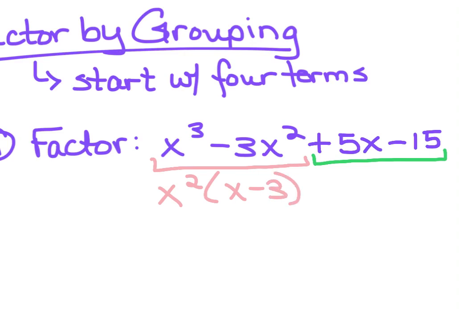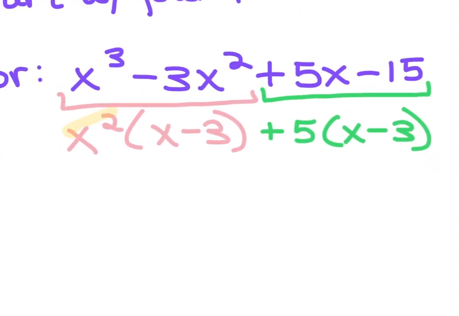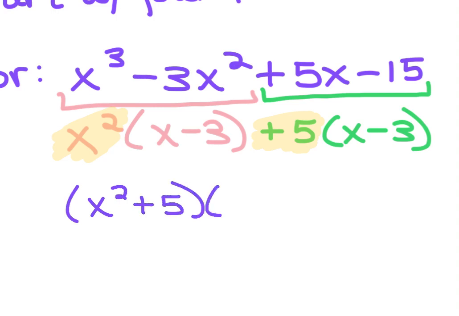And then the last 2 terms, the 5x and the minus 15, a positive 5 comes out, and I'm left with x minus 3. And then the last thing to remember is that the 2 things that you used as the GCFs make your binomial in your answer. So x squared plus 5 times x minus 3.